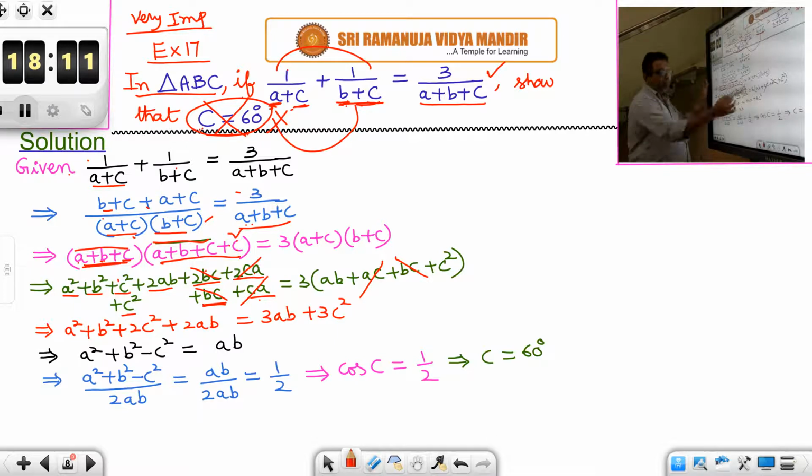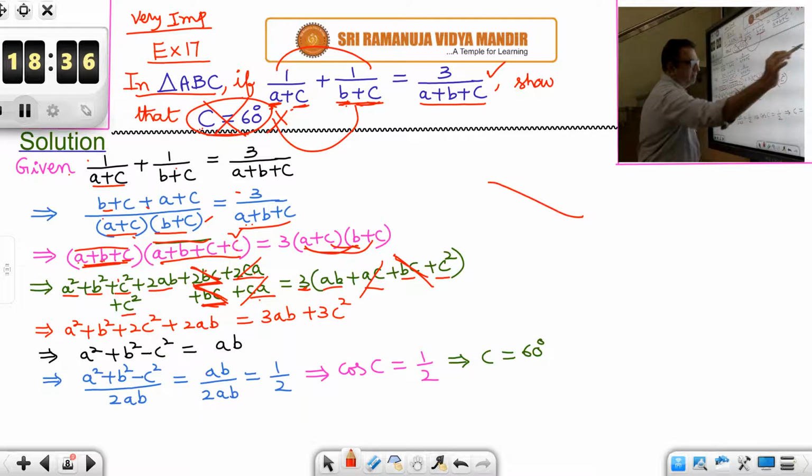Right hand side, 3 into, I am expanding, ab plus ac plus bc plus c square. Now, cancellation. 2bc plus bc, 3bc on the left hand side; 3 times bc on the right hand side, gone. This way I have cancelled.